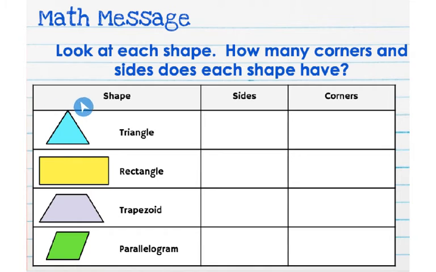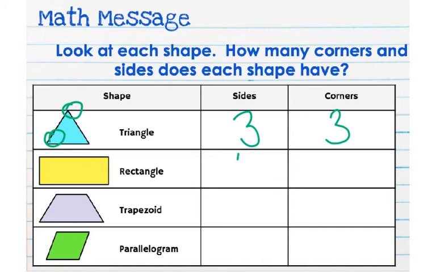The first shape here, you've guessed it, is a triangle. How many sides and how many corners does it have? You're right. A triangle has 3 sides and 3 corners. Go ahead and look at the rectangle. How many sides and corners does it have? You're right.